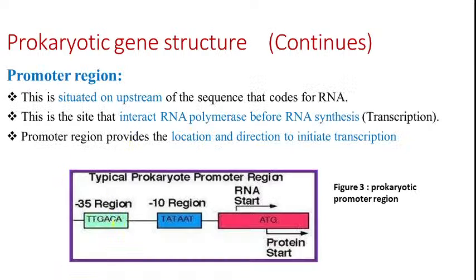So this is the minus 10 region and the minus 35 region. At both these regions we have promoter sequences which interact with RNA polymerase enzymes and increase the rate of transcription. For transcription or RNA synthesis we need these promoter sequences.